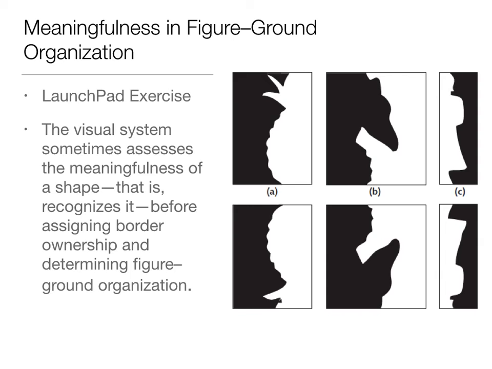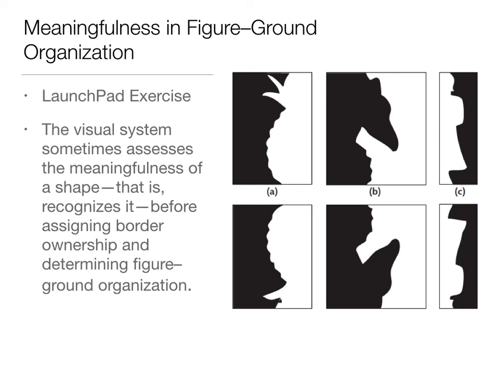Another one that we have is meaningfulness. And there's a Launchpad exercise on this that's assigned for a class assignment this week. It's really helpful, and it'll walk you through this. We're more likely to perceive a figure as something that's meaningful. So in A, I'm more likely to say that the white area is the figure because it looks like half of a pineapple than I am to do that in the inverse version below, where it no longer looks as pineapple-like.